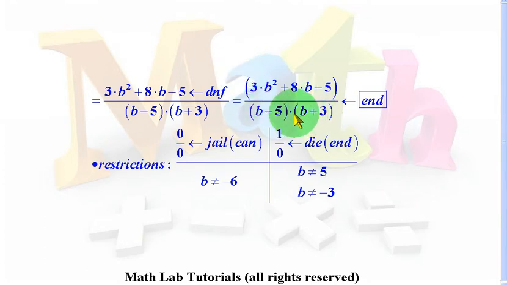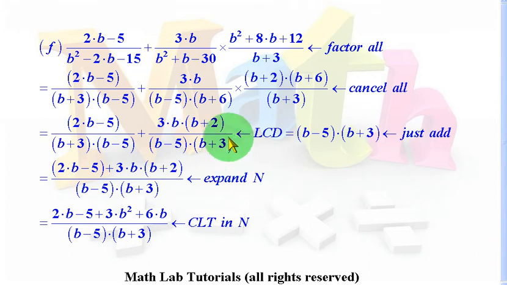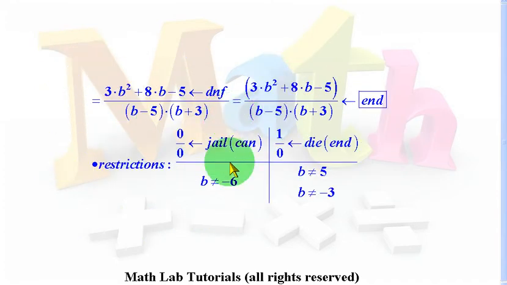And now we have to impose the restrictions. If you recall in the last slide, the b plus 6 was canceled. That means we have a cancellation restriction, so b cannot be equal to negative 6. At the end, we have to make sure that the denominator is never 0.